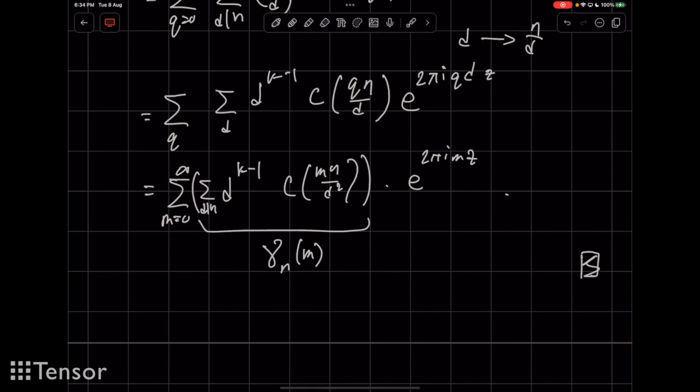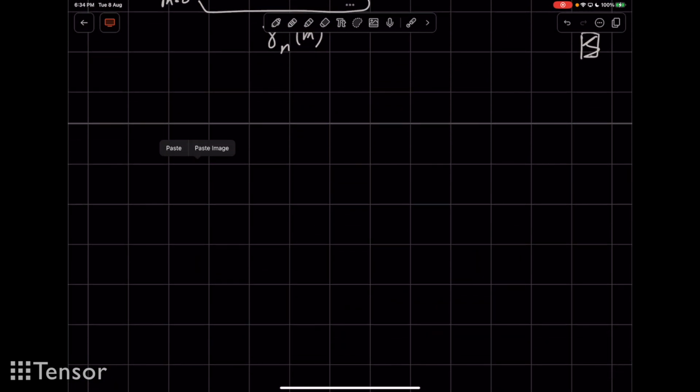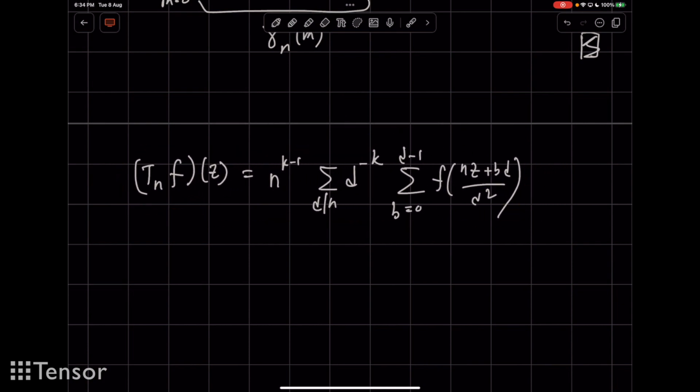Now let us revisit the definition once again. Since d divides n, let us write n equals ad. Then what does this definition become? This is 1 over n, d to the minus k becomes a to the minus k, right?